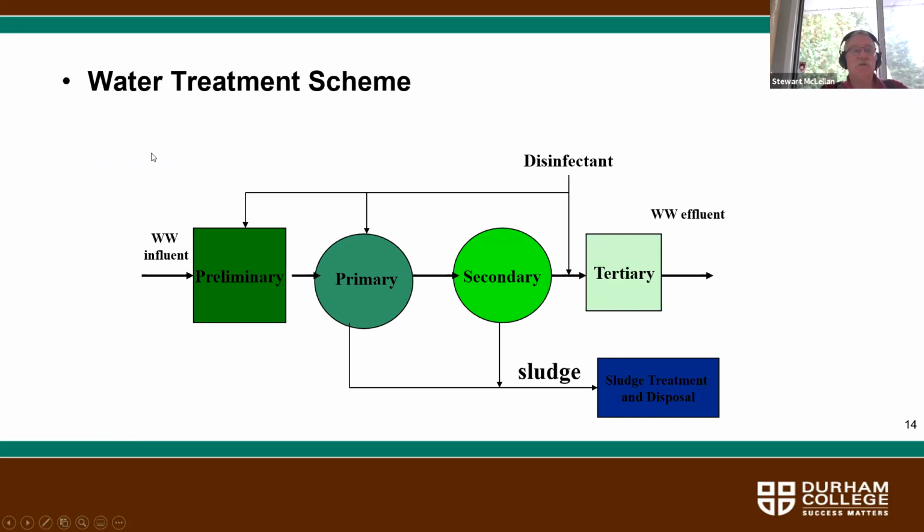All right. So this is what a water treatment schematic looks like. You have wastewater effluent, and we saw this in the video that we watched, where we have the preliminary treatment and the primary treatment. Those are generally physical processes that remove suspended solids, and the suspended solids from those primary treatment systems end up going to sludge treatment and final disposal.